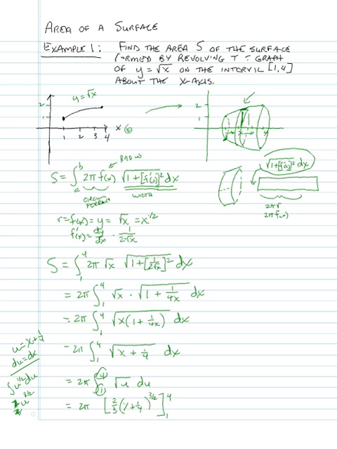Now we've got a little bit of work that we can do here. We see that this 2/3, being a constant in that evaluation, can be factored out.